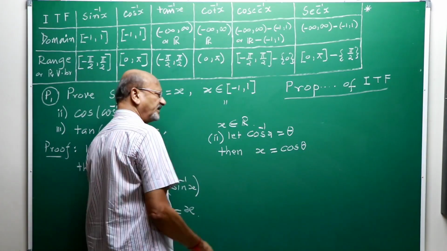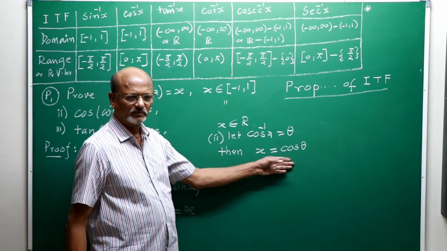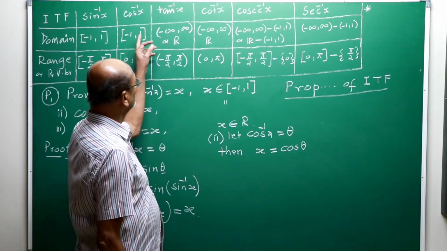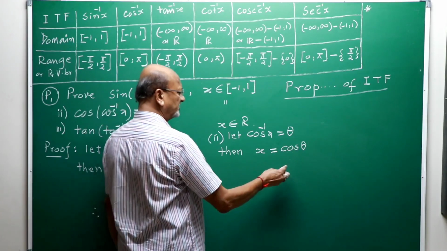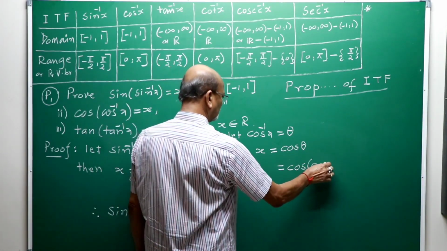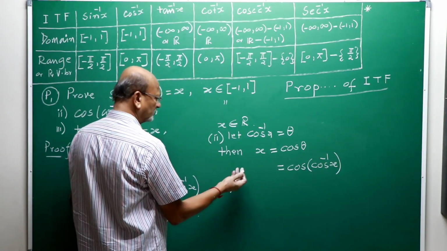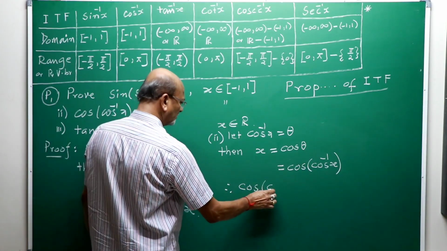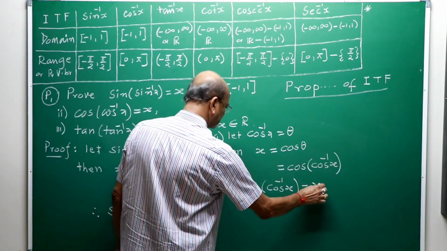Cos inverse, cos, my friends. But you can do this only within the domain. What is the domain? -1 to +1, not outside. Then put the value of theta: cos of theta is cos inverse x. Therefore, cos of cos inverse x equals x itself.